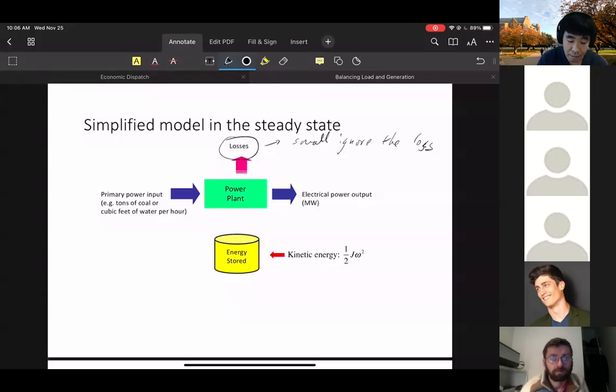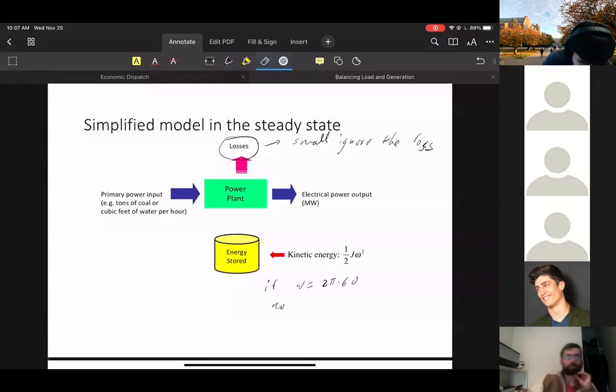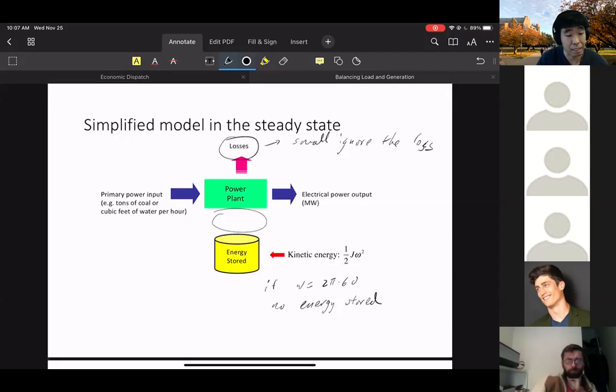And if omega is 2 pi times 60, there's no net energy stored. If you're operating at steady state, 60 hertz, there's no energy exchange. The interesting thing comes from what happens when you are not operating at 60 hertz, or not at steady state.